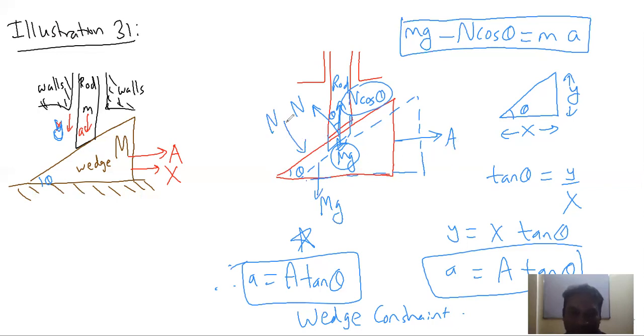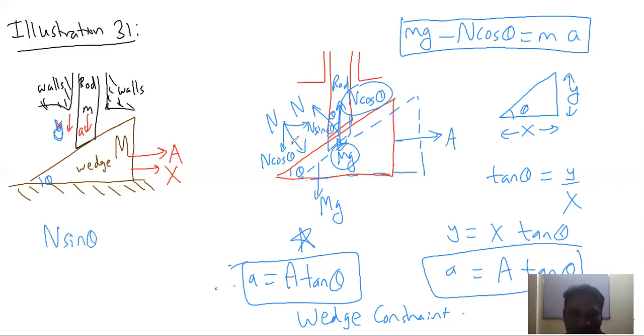N will have two components: N cos theta in the vertical direction and N sin theta in the horizontal direction.